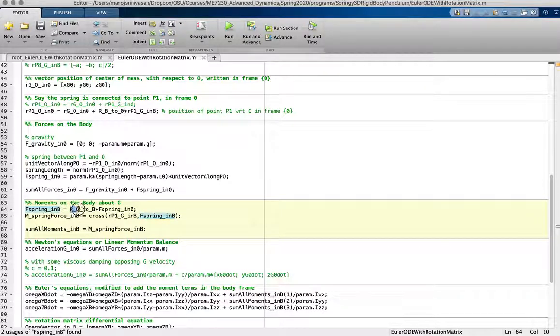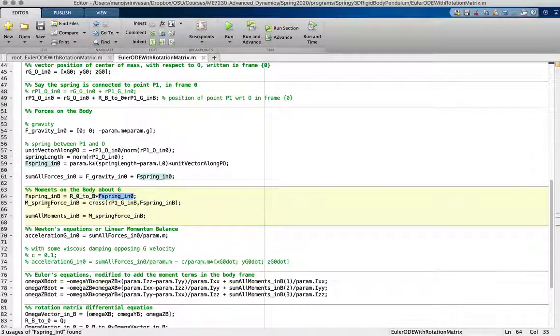We converted the spring force from frame 0 to B. So that's the moments due to the spring force about point G in frame B, and that's the sum of all moments about G in frame B.